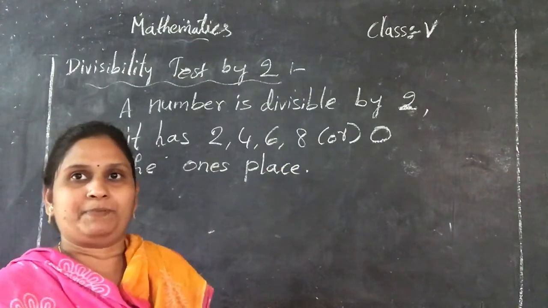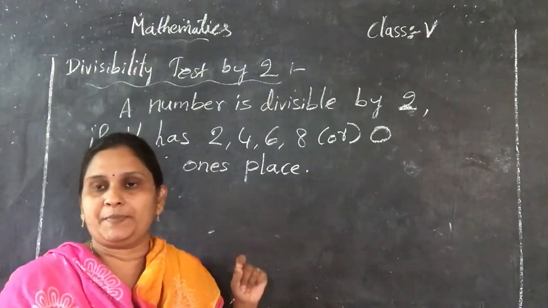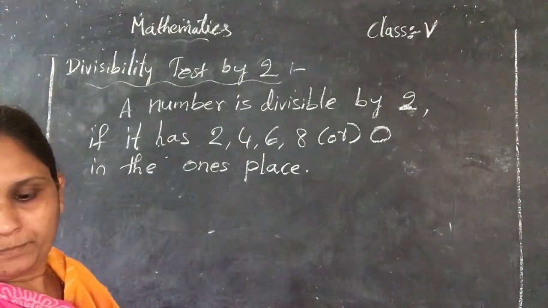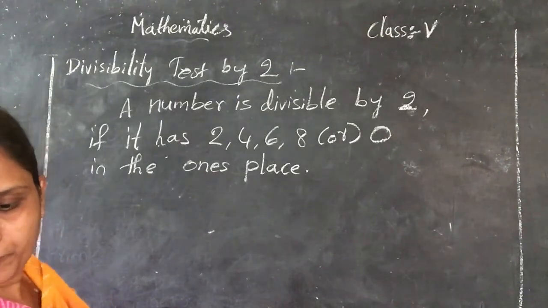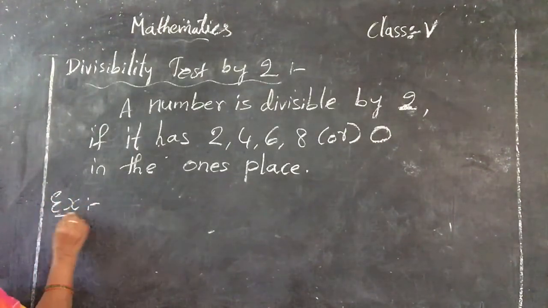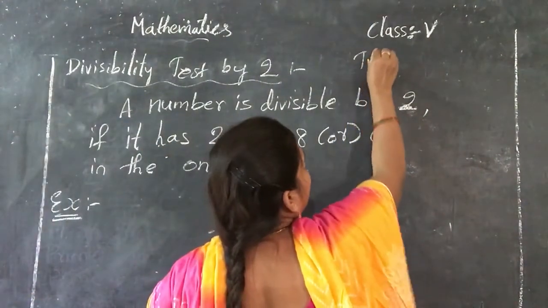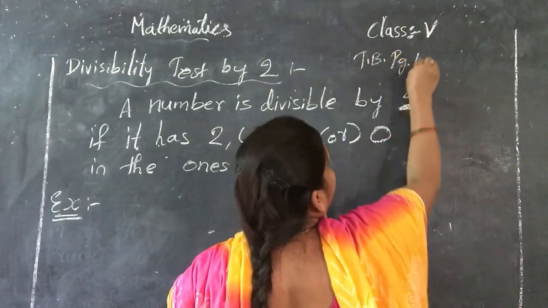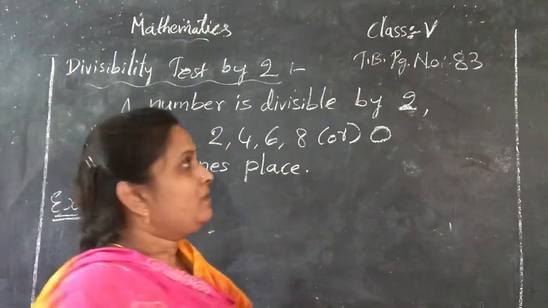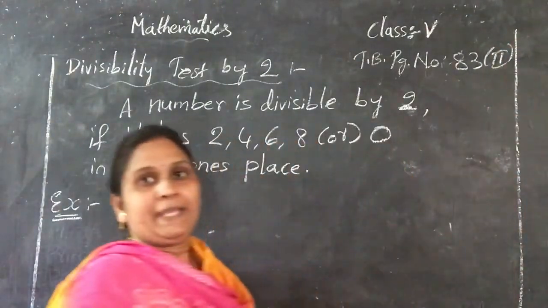is there in the ones place for the given number, definitely that number is going to be divisible by 2. For example, some children from your textbook only, textbook page number 83 from section 2A.